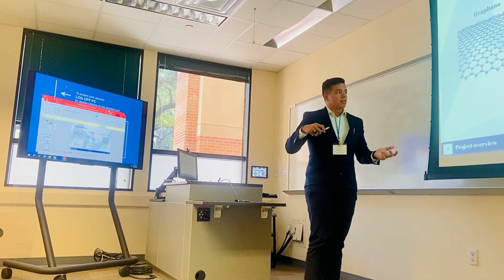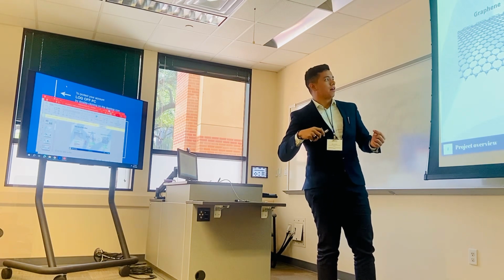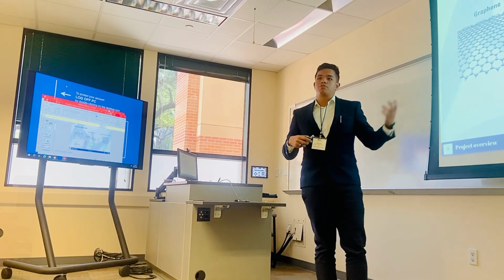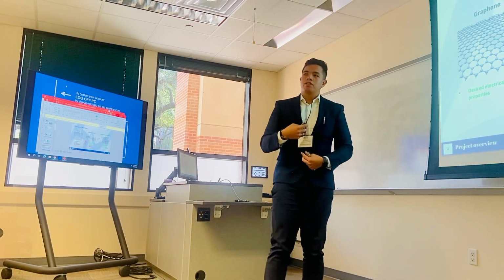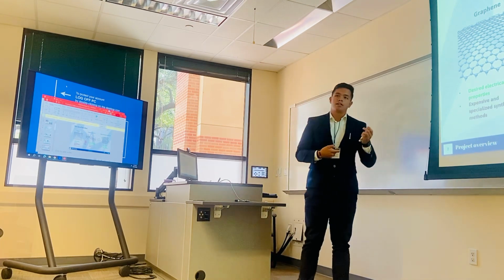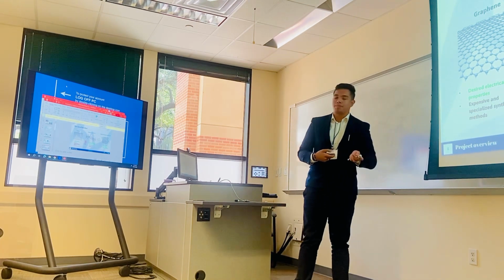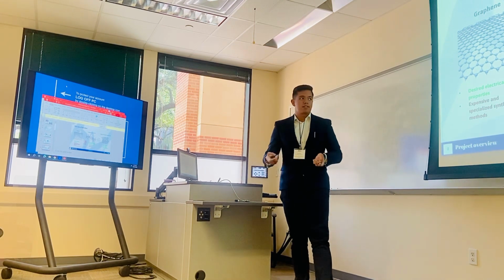The carbon atoms share an sp2 hybridization, leaving one free orbital for electrons to flow through. That's what makes it an optimal electrical conductor. Unfortunately, synthesizing or obtaining pristine graphene is complicated and expensive. So this goes against our objective of scalability and ease of access.